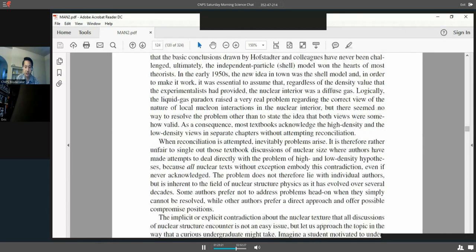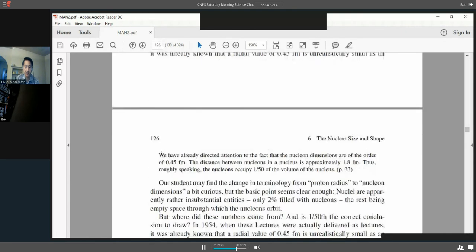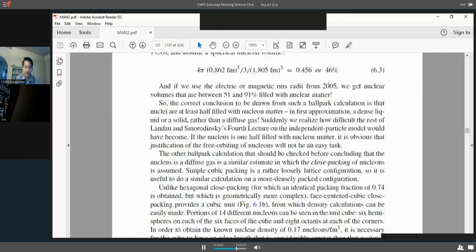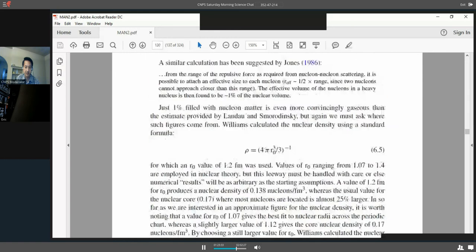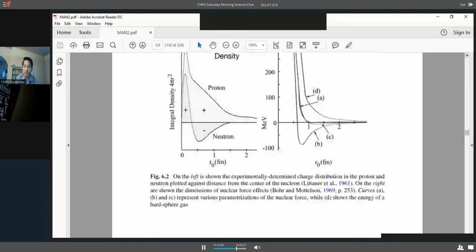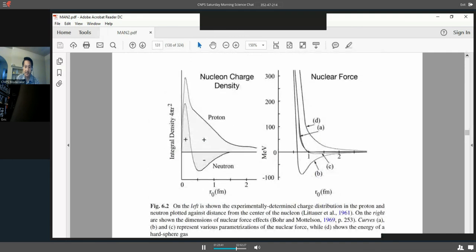Now we get into nuclear size and shape. We have nuclear density, which is all done with these scattering experiments. And here's an interesting chart.